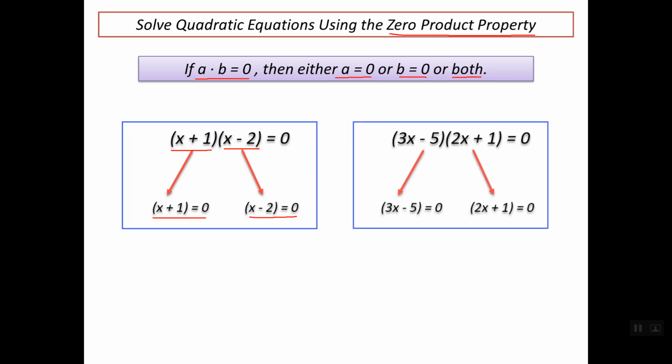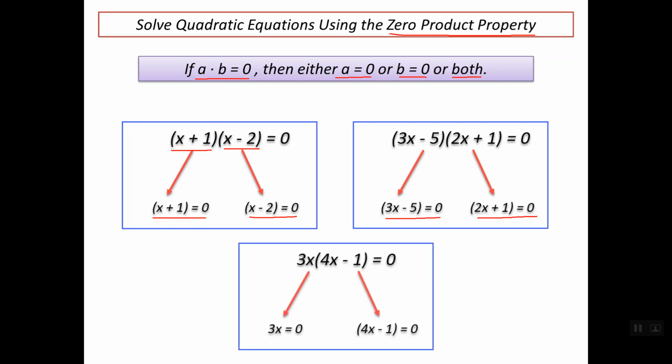If 3x minus 5 multiplied by 2x plus 1 is equal to 0, again here we have a quadratic equation, and either the first factor is equal to 0, or the second factor, or both of them are equal to 0.